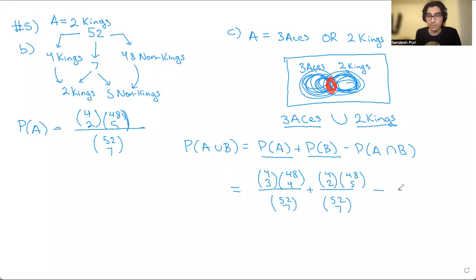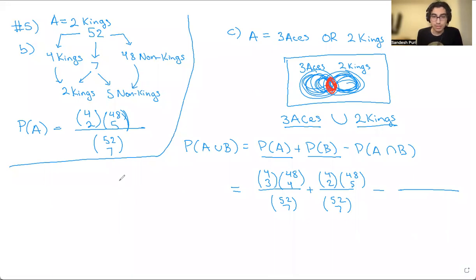Now we just need to figure out this last probability. The probability of getting A and B. Well, let's consider our diagram once again. So we're getting 7 cards from a 52 card deck. And A and B occurring means we get 3 aces and 2 kings from our 7 card sample.